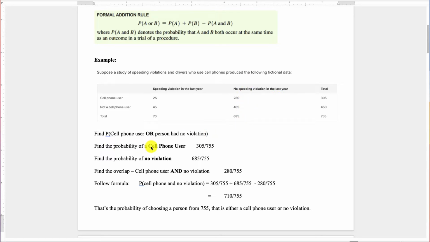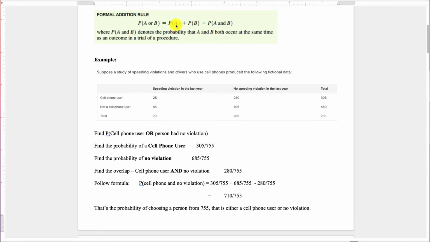So the probability that the person is a cell phone user is the total number of cell phone users. It didn't really matter if they had a speeding violation or not. It's just the total number of cell phone users over the total number of people, 305 over 755. Then we do that again for the probability of no violation. That's down here. So 685 over the 755.